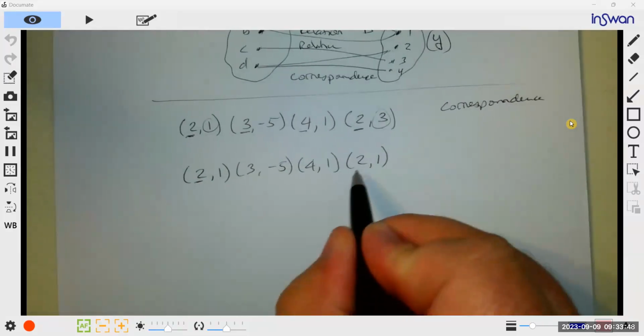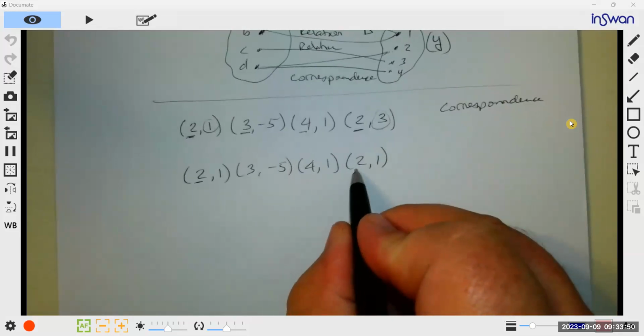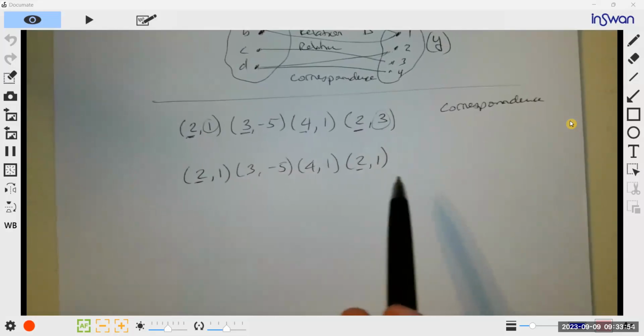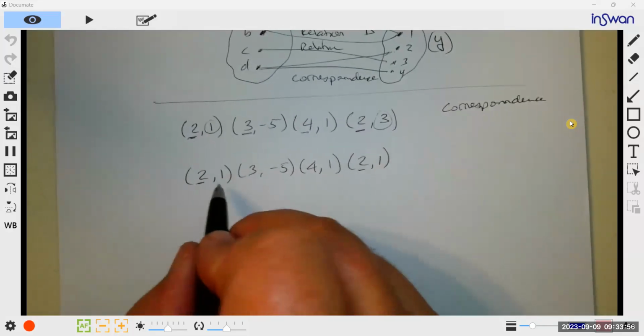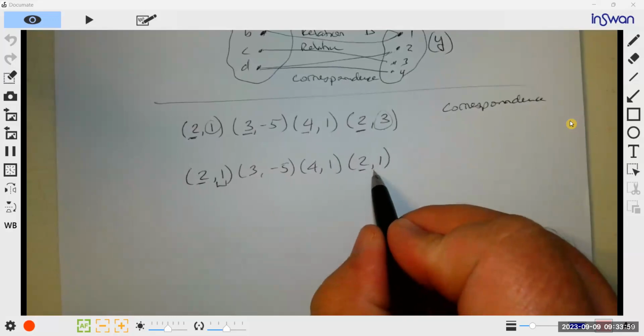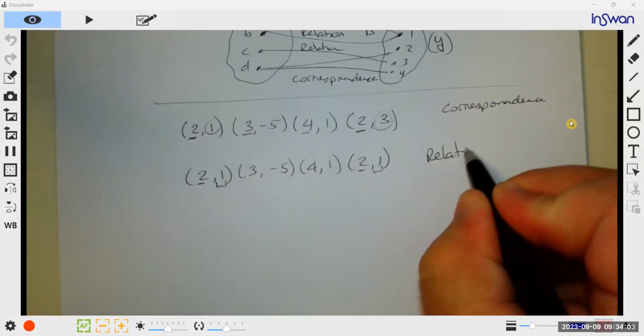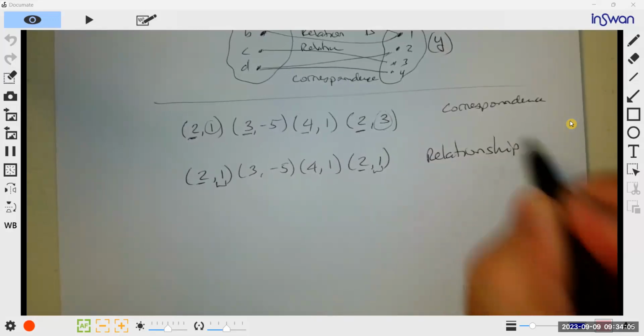So the only thing you have to look at is, are there any similar x's? If there are any similar x's and they have different y's, then it's a correspondence. But since the y's are the same, that's a relationship.